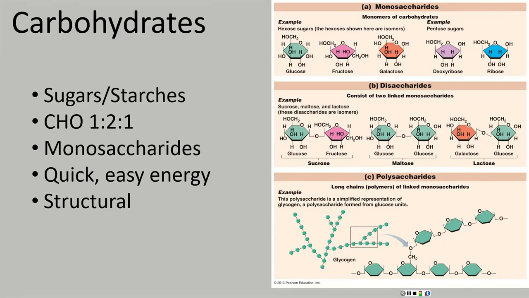Well, if we look at that, C6 and O6, those are equal. And H12, there's twice as much hydrogen as there was carbon and oxygen. So that's how the carbohydrates are structured.